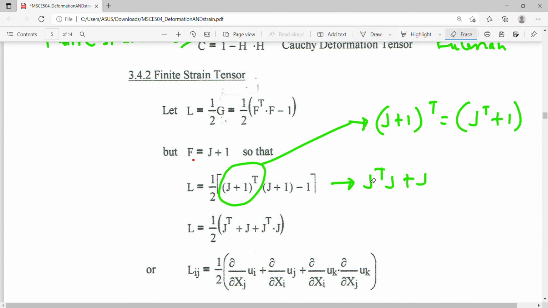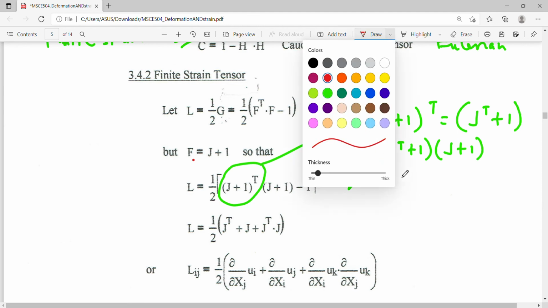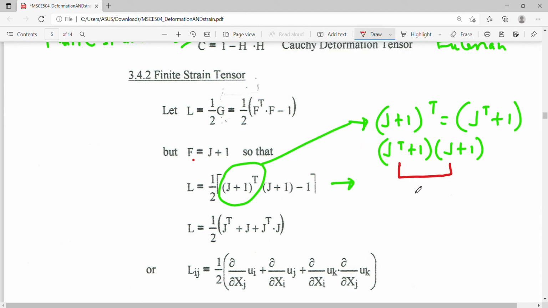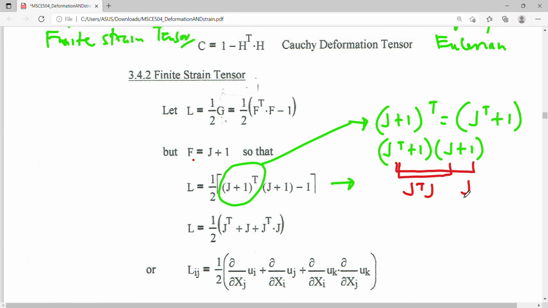so let's have it clearer here, to avoid confusion. Let's try to multiply now J transpose plus 1 multiplied by J plus 1. Okay, so if I place these two first, I get J transpose J. If I place this and that, I get J transpose.